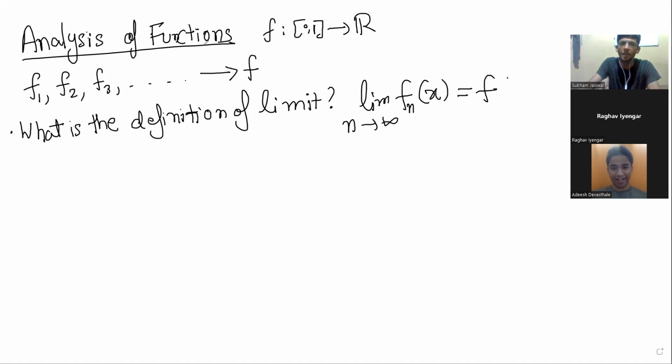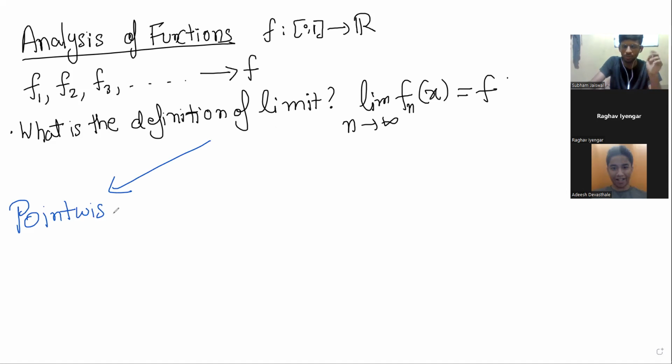What's the definition? So basically, do you want uniform convergence, or pointwise convergence? Yes, that's very good. So we had two types of convergence. One was pointwise convergence.